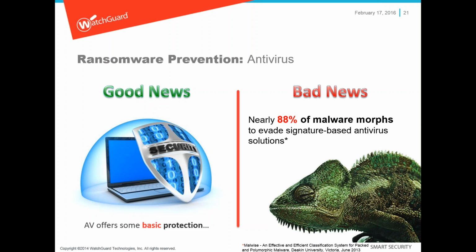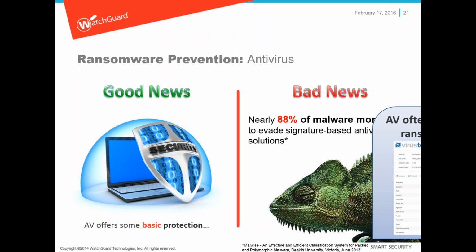The difference in time from the malware being distributed and the AV vendor creating the signature is called the window of vulnerability. Now, this is a window of time that your systems are susceptible to that piece of malware. And this window in time could be days, it could even be weeks before the AV vendor eventually catches up.